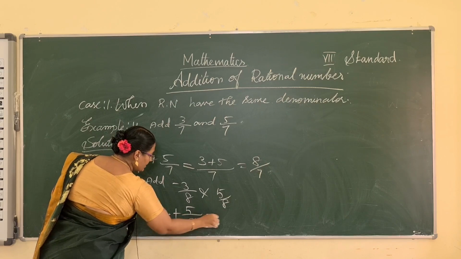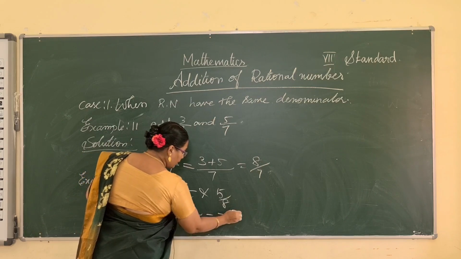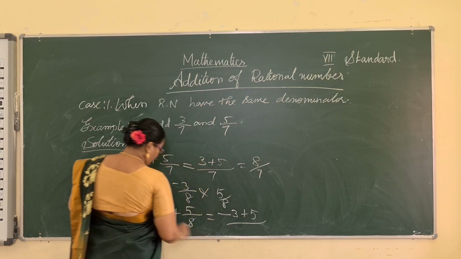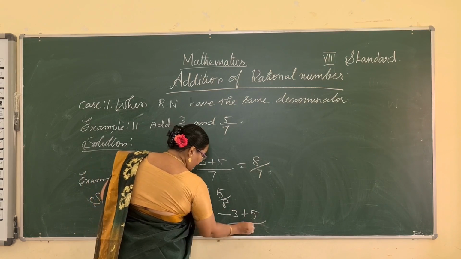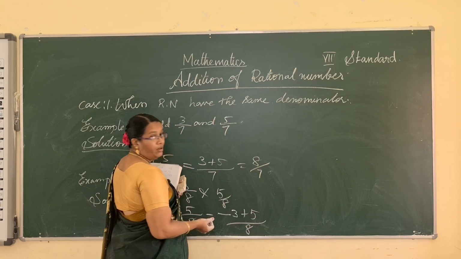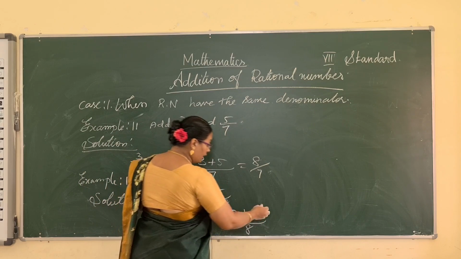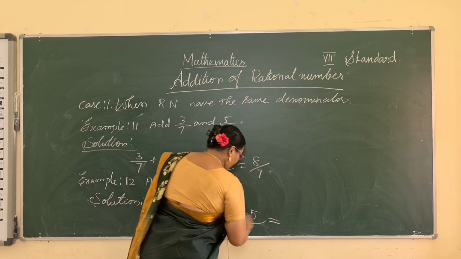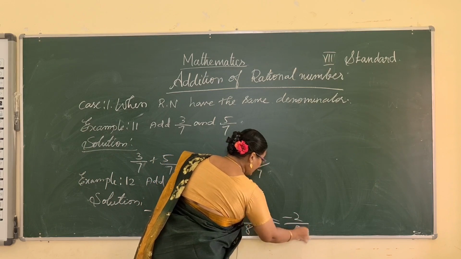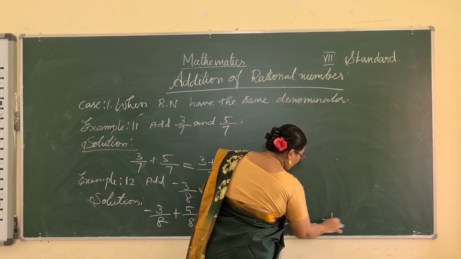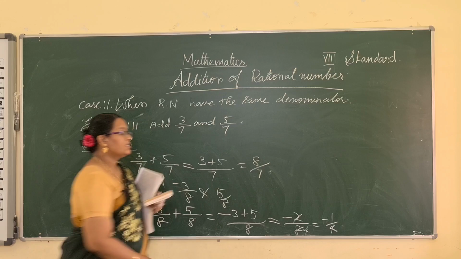The denominators are the same, so add the numerators: minus 3 plus 5 by 8. Two different signs will come. What do we do? Subtract and put the greater number's sign. So subtract, minus 3 plus 5 is 2 by 8. It cancels in the 2 table: 2 1s are 2, 2 4s are 8. So 1 by 4 is the answer.